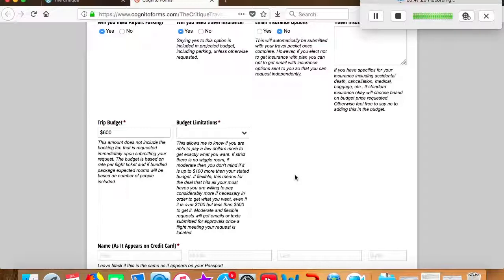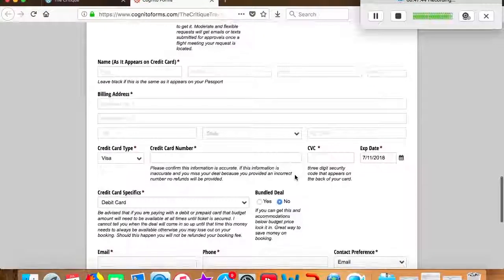If this should happen, your booking fee will be non-refundable. So make sure that you have whatever you have within your budget in it.